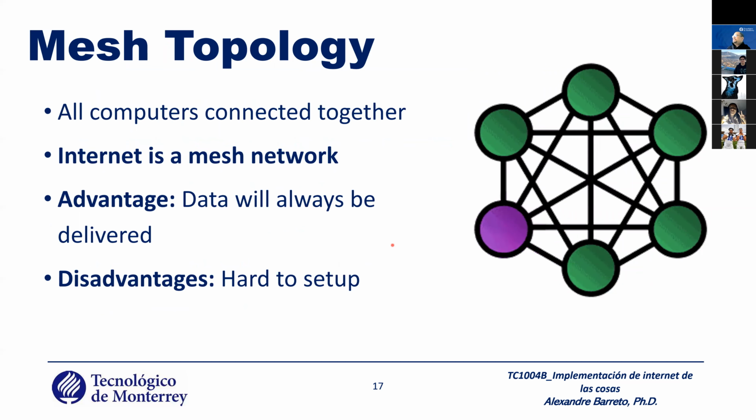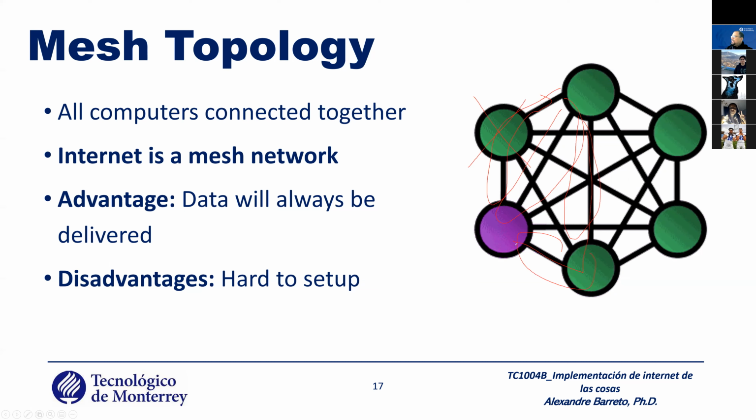And the last one is the mesh, which is how the internet works. You have connections between nodes. You don't have a central point. For example, if you lose this node here, you have backup connections. You didn't lose the communication with this node, because you can go another way. If you cannot use this path, you use this one, or this one.